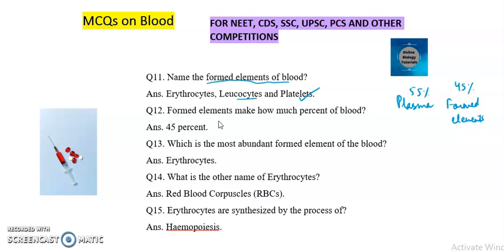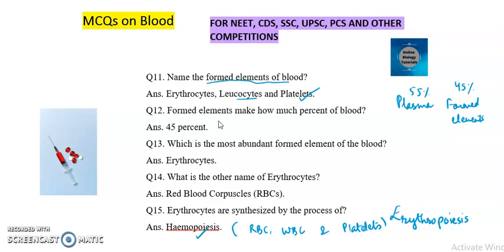Actually, hemopoiesis is a wide term in which we talk about synthesis of RBCs, synthesis of WBCs and synthesis of platelets also, right? So this term can be used for erythrocyte synthesis also, and if in the answer they have given you erythropoiesis, then this will also be the answer.